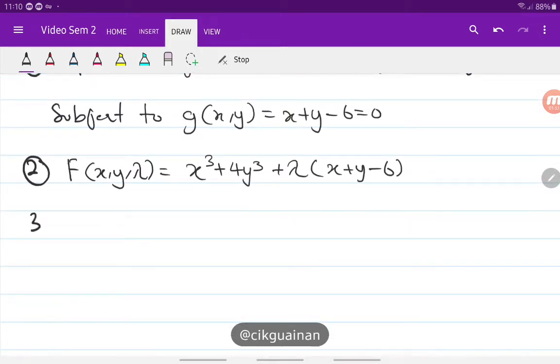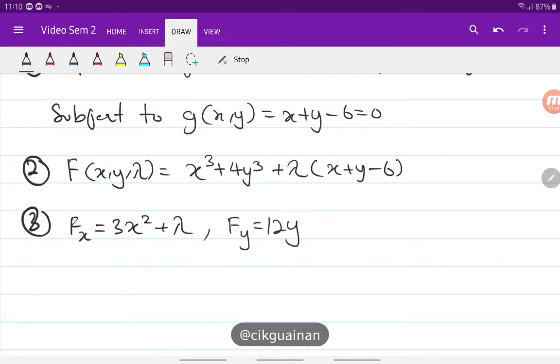The third step is finding the partial differentiation. F sub x is 3x squared plus lambda. With respect to y, we have 12y squared plus lambda. And last but not least, F sub lambda is x plus y minus 6.